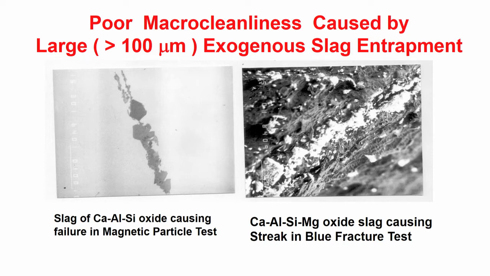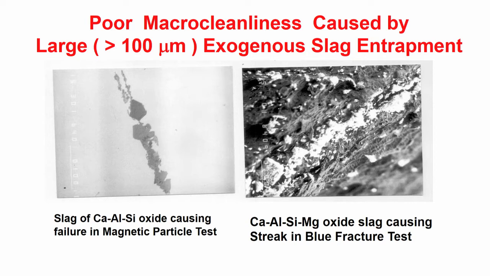So, it has been found that it is calcium aluminum silicon oxide, that means a complex silicate of calcium and aluminum, which is causing this failure in magnetic particle test. This failure has occurred during magnetic particle test. That means, sometimes even if the defect is not visible, you have to do magnetic particle test to identify whether there has been any subsurface defect.